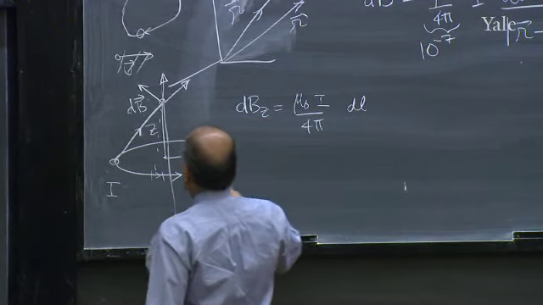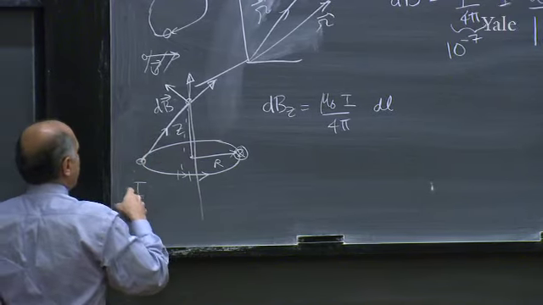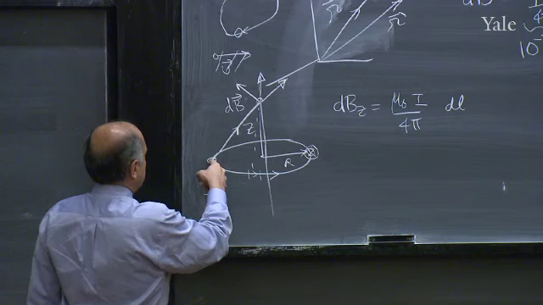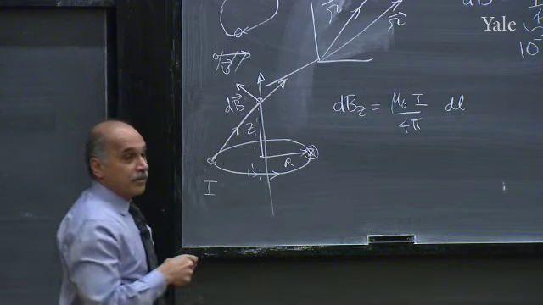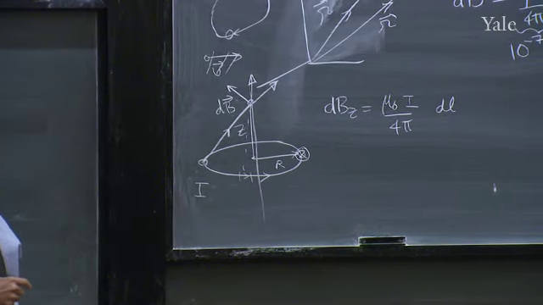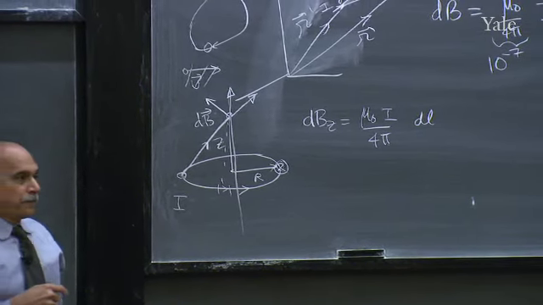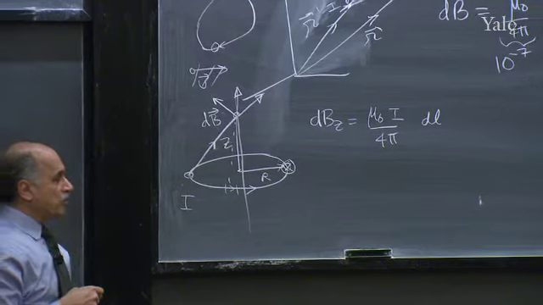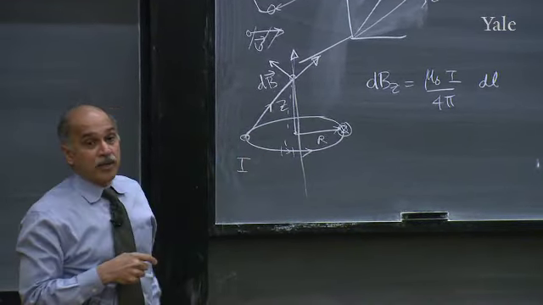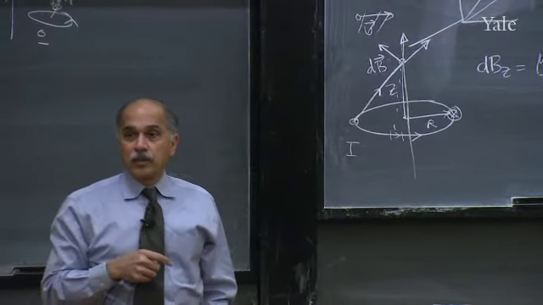What about the sine theta? Sine theta, here's where you got to be very careful. What do you think the sine theta is between the segment coming out of the blackboard and this guy? What's the angle between a line that lies in the plane of the blackboard and the line coming out of the blackboard? 90.